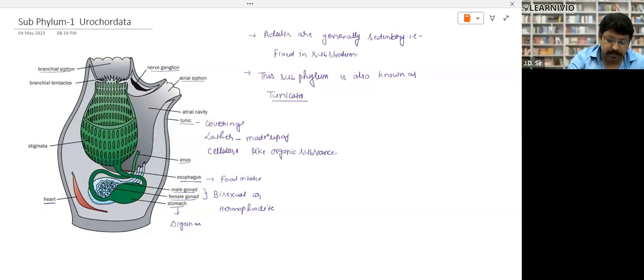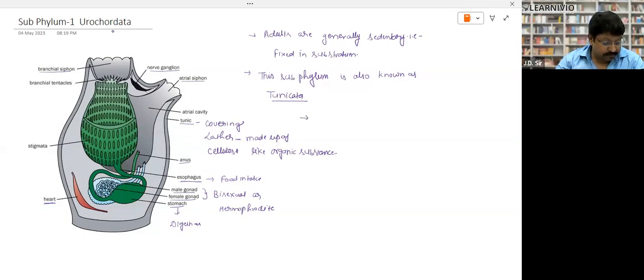Next point, which is very important: notochord. When the larva is more advanced and adults are less advanced, this is retrogressive development, right? Progressive development is when the young one is less advanced and the adult is more advanced. But here, when they become adult, they go backward in development, right?